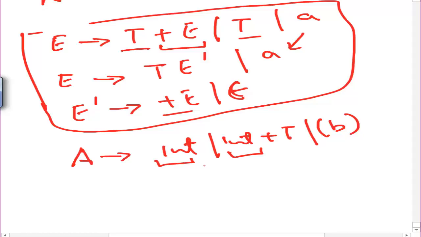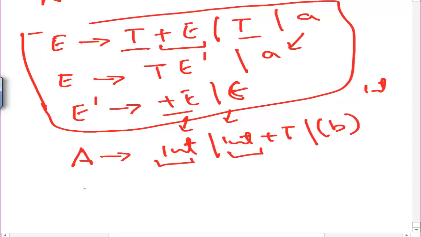That's the predictive parser; this is how it works. But here int is in two productions. Should we use this production or this one? Is it nothing after int, or int plus something? That will be understood only when we read the token int and see the next token. But right now we are in a position to see only the int, so we are not in a position to tell which production.